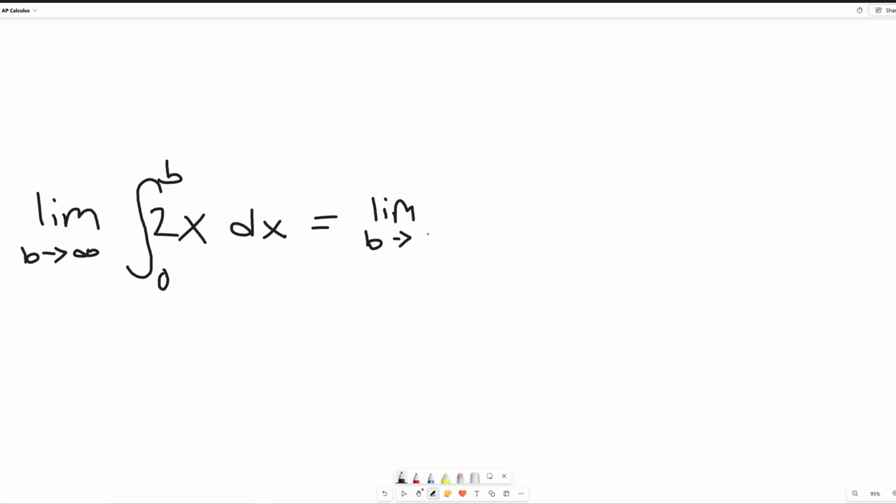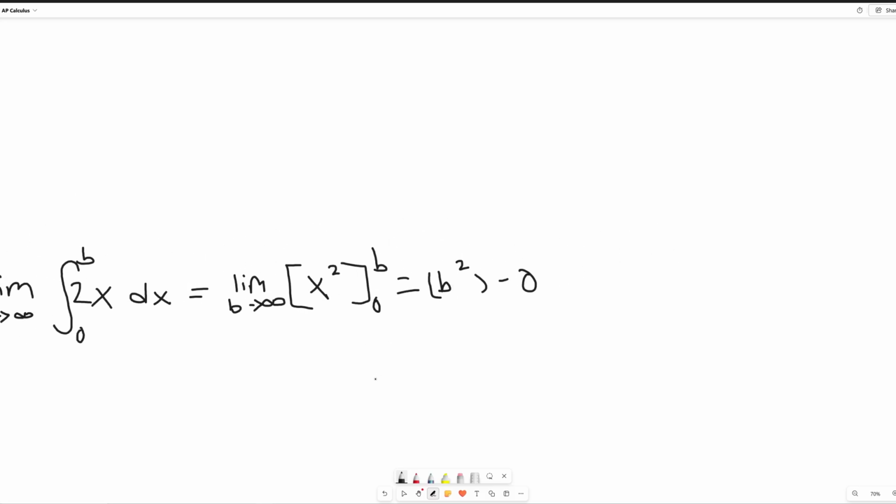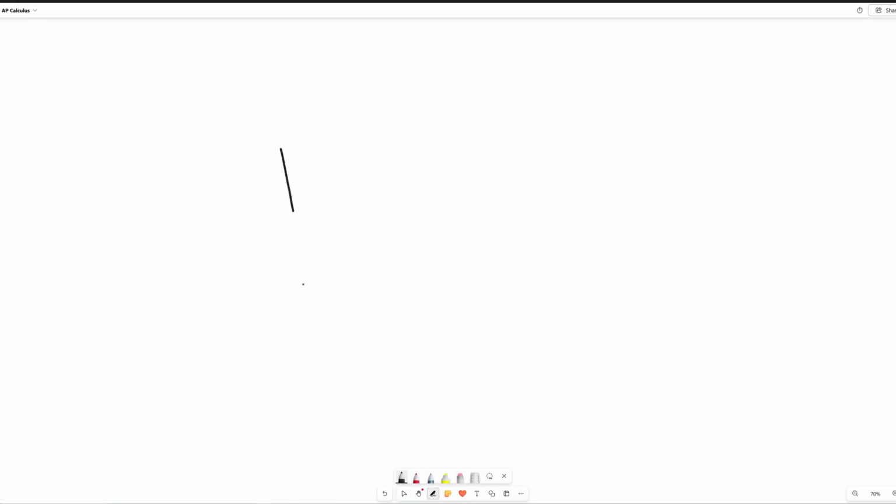You get points off if you don't keep the limit. So x squared from 0 to b. And then, as you would expect, if you go to infinity, the area under x squared is going to be infinity. So you have b squared minus 0, and infinity squared is infinity. So that intuitively makes sense.